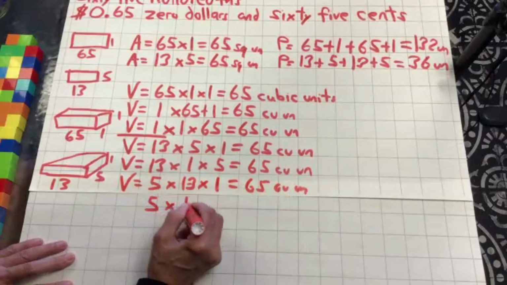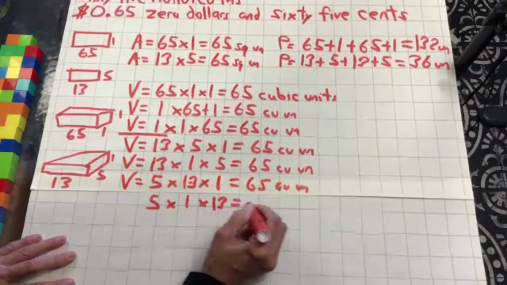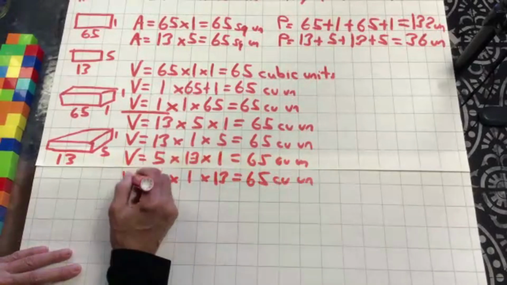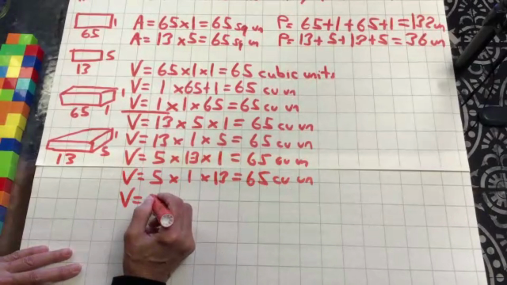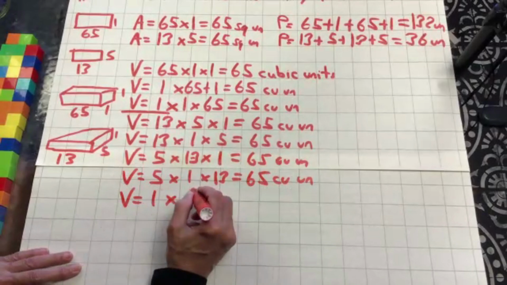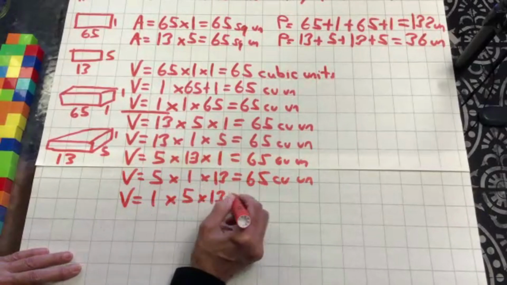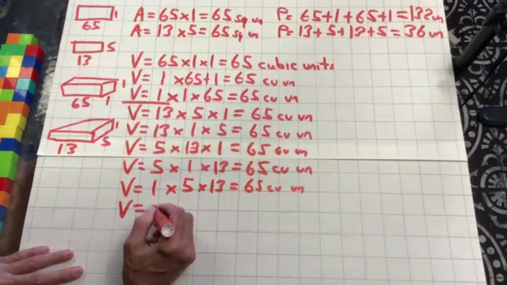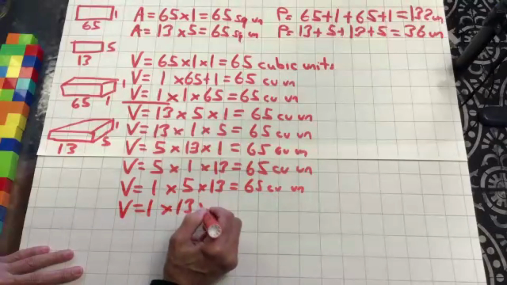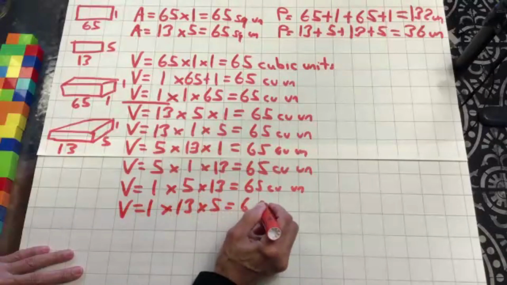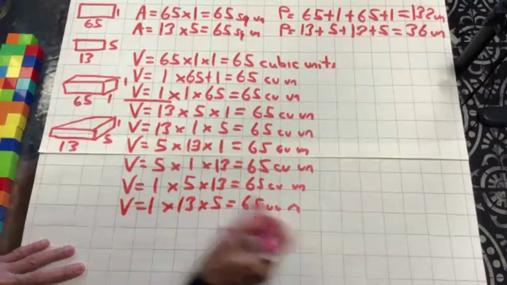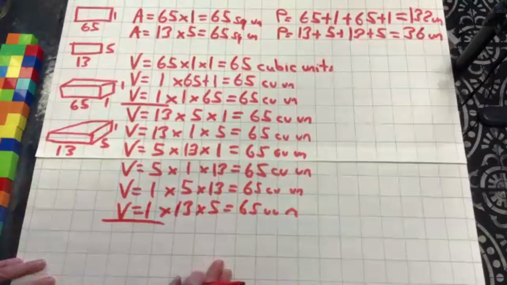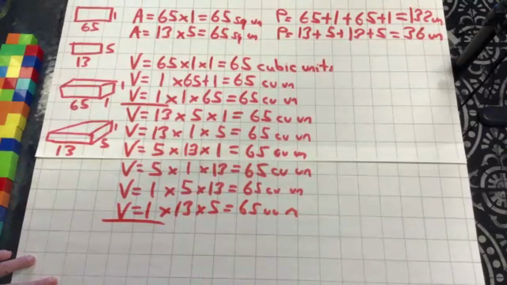And then a 5 by 1 by 13. And a 1 by 5 by 13. And a 1 by 13 by 5. And there's all of our volumes. 65 is done.